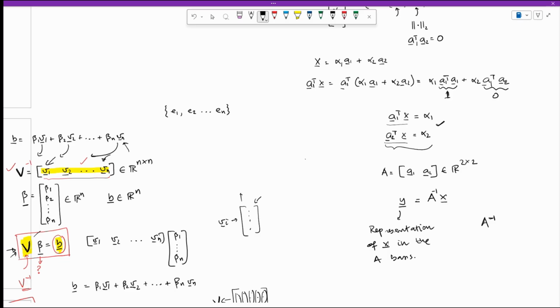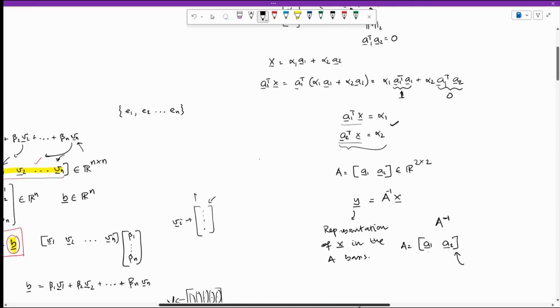But now, if we know that the basis is actually orthonormal, what do we know about the matrix A? The matrix A is not any arbitrary matrix. It's got a special property now, or it's got a special name. If the columns are orthonormal, you remember?